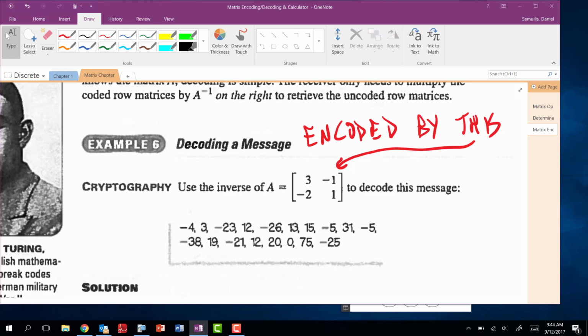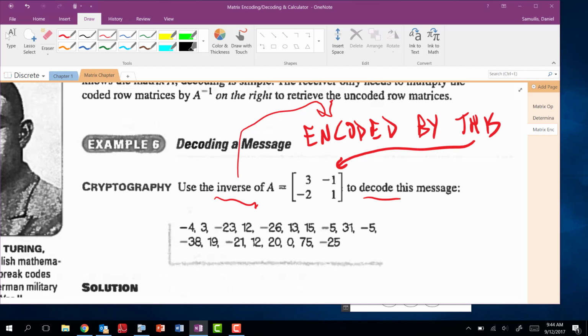Then it was multiplied by this matrix, and now it's nonsensical. So what do you do about it? You have to find the inverse of the encoding matrix to decode. Whatever you multiply by to encode, you multiply by the inverse of that to decode, and it'll come right back to where it was. And then you'll have a sensical message.